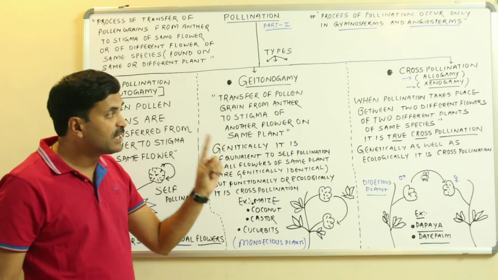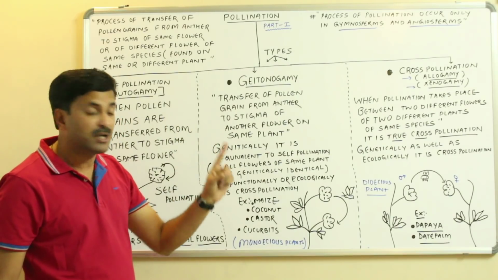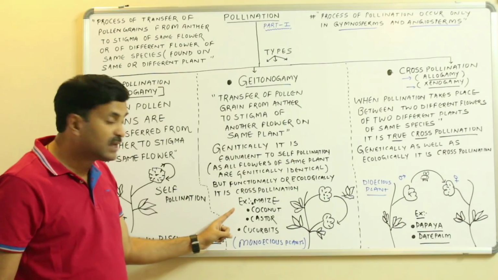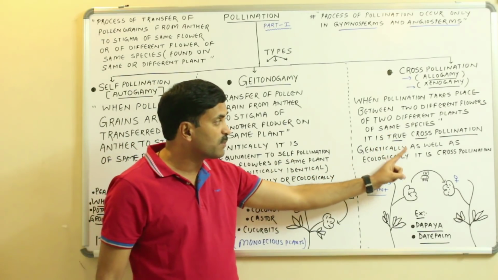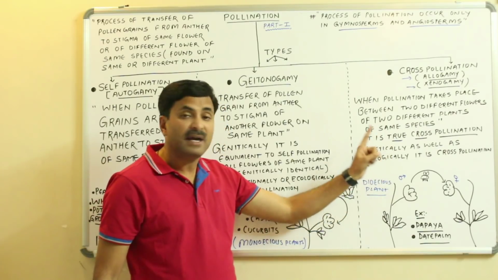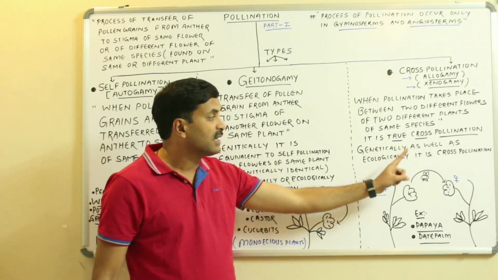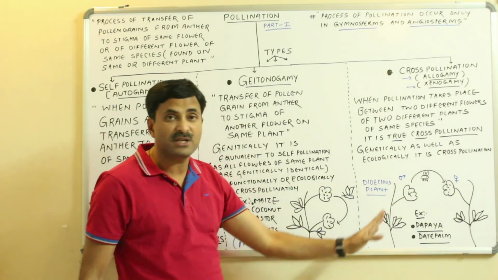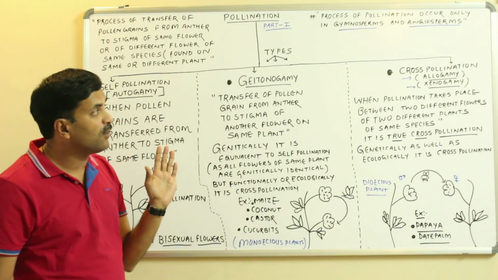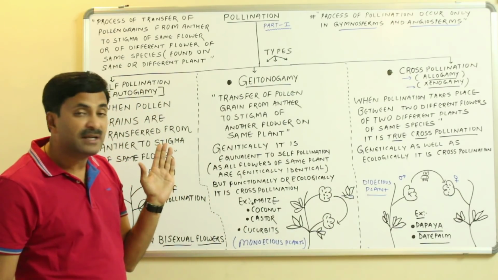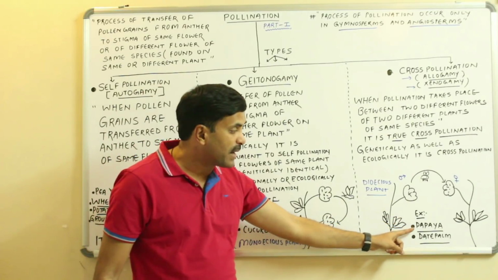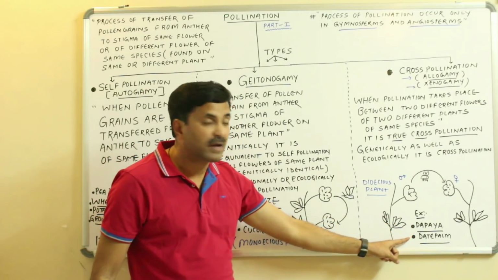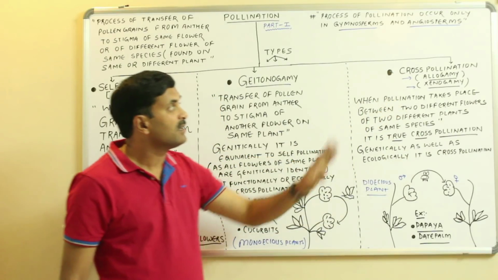This one is treated as true cross-pollination. Geitonogamy was not truly cross-pollination, but this is. Genetically as well as ecologically, it is cross-pollination. The best examples occur in dioecious plants, say papaya and date palm, which are very good examples to explain the phenomenon of cross-pollination.